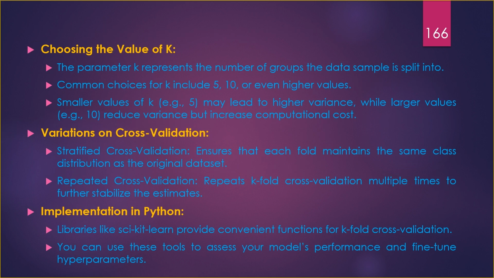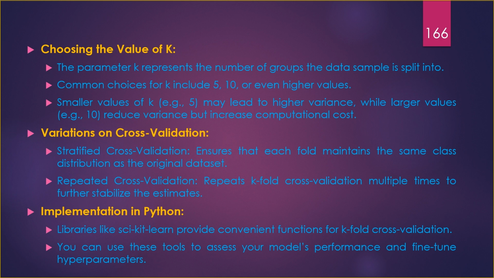So now what we can do is try to choose the best value of k. There's no surety that five-fold cross validation will always give the best result. Maybe sometimes tenfold cross validation gives a better model.